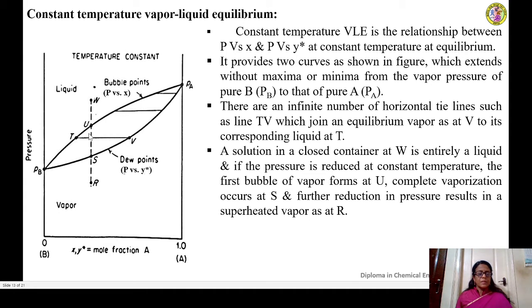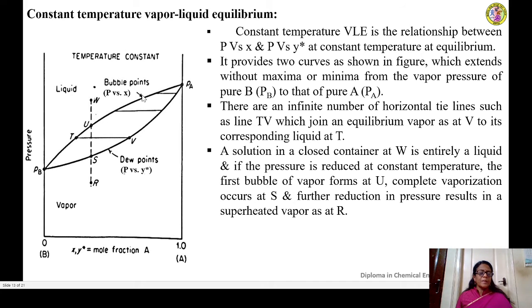Similarly, at point S, the given temperature becomes the dew point. So here it is a saturated liquid at point U. Then it becomes a mixture of vapor and liquid at a point on tie line TV, exactly at this point, for example. Then it becomes a saturated vapor at point S, and still further reduction in pressure, keeping the temperature constant, converts it from a saturated condition to a superheated condition, as for example at point R.